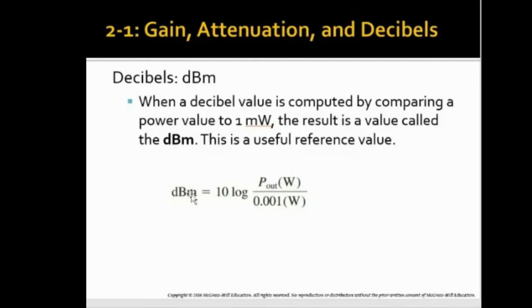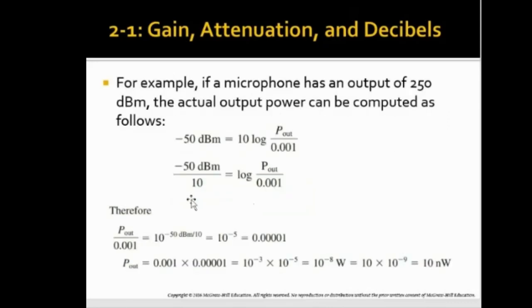Remember, if you have a system where the input is in dBm and then you have a gain, gain is always in dB, and attenuation is always in dB because they are in ratio form. So if you apply a gain in dB to a power in dBm, your output is still in dBm. This is something you should remember.